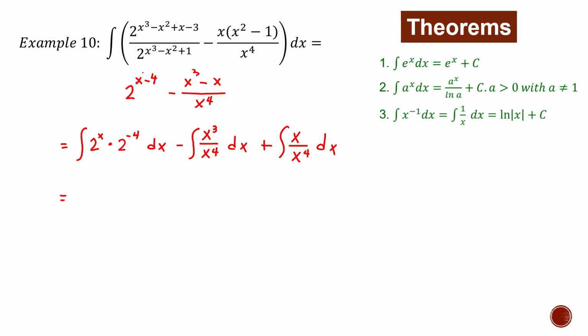All right, so we can take this term out, that's 2 raised to negative 4. So let's just put that outside. 2 raised to negative 4. There you go.